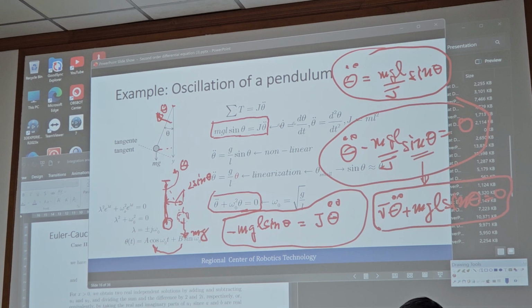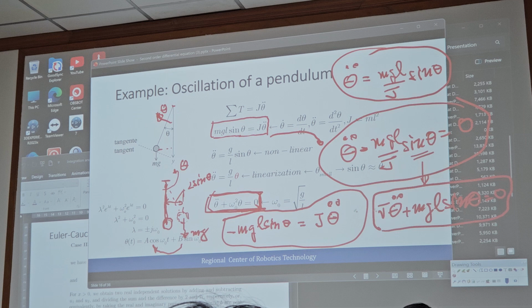But if mgL is minus, look at this minus, this minus, you see? If you substitute, in this case it rotates in a different direction. So in this case, you will have this one.